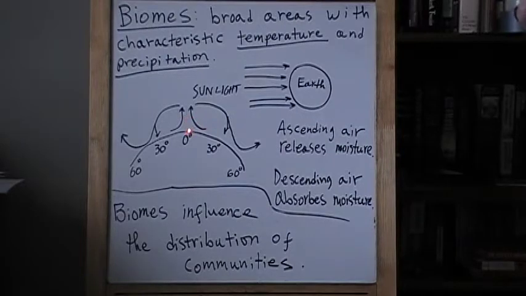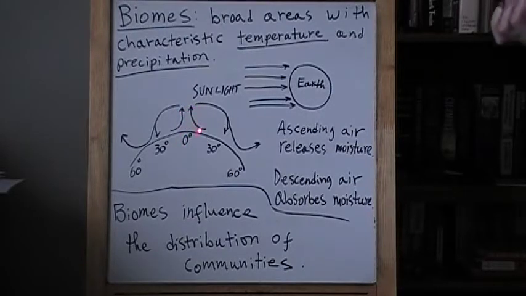So in direct sunlight at the equator, air is ascending, and as it ascends it releases moisture, because as it ascends it cools down and loses heat, it loses water holding capacity, so it rains a lot at the equator.